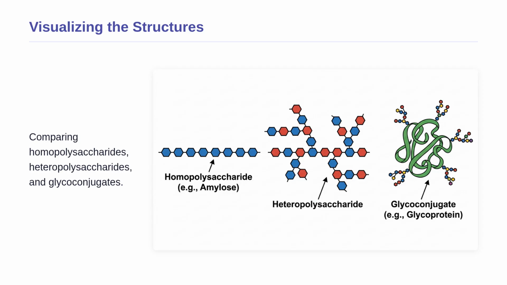Finally, on the right, look at the glycoconjugate. The green ribbon represents a protein backbone, and the attached multicolored chains are the oligosaccharides. This clearly shows how carbohydrates act as massive structural components added onto proteins, rather than just tiny tags.